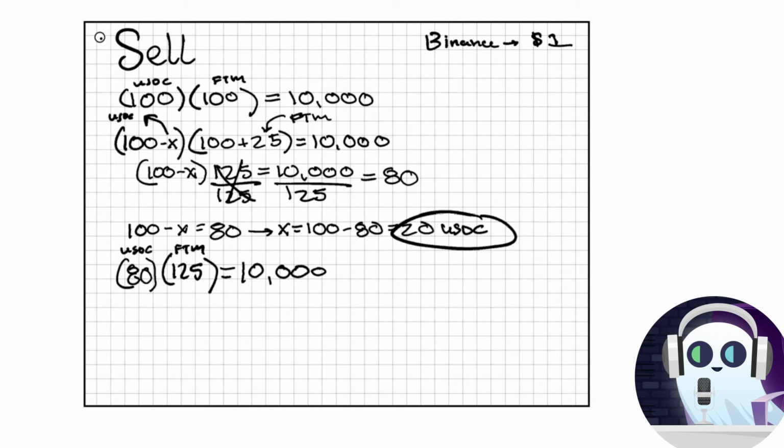So the price on the AMM now is different than on Binance. The price would be P equals 80 USDC over 125 FTM, and that is equal to 64 cents.